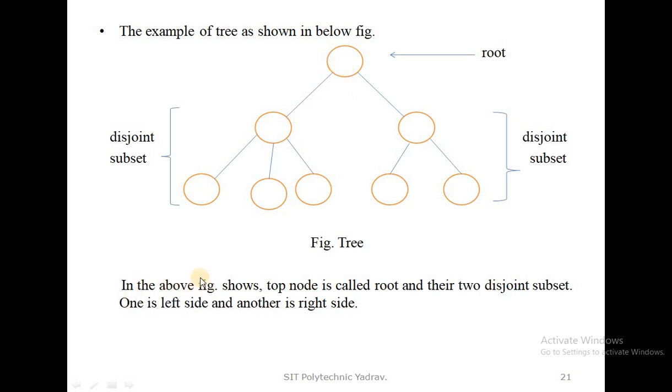In the figure, the top node is called the root, and there are two disjoint subsets, one on the left side and another on the right side.